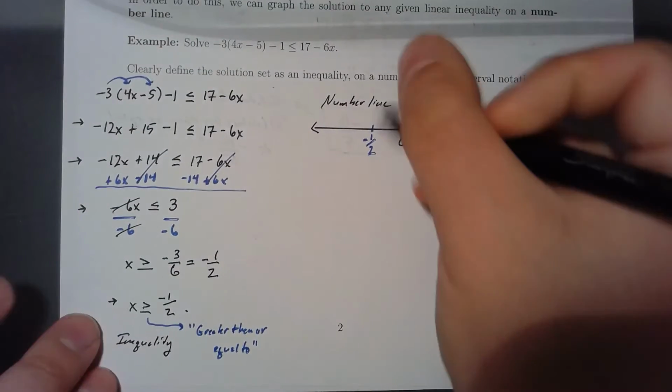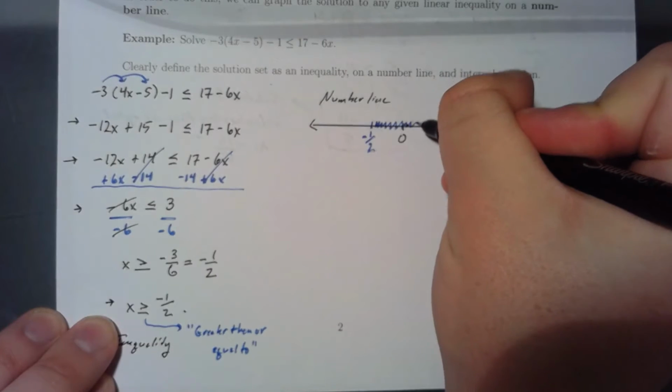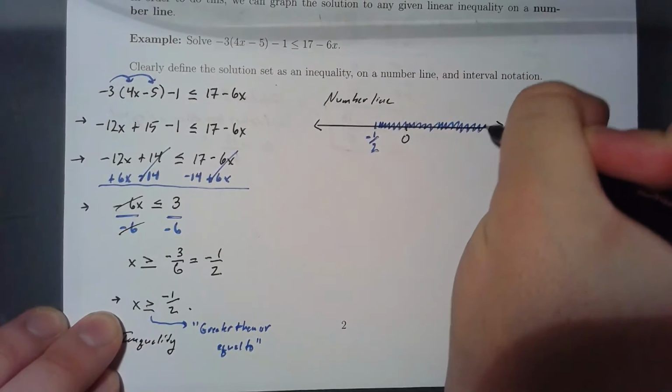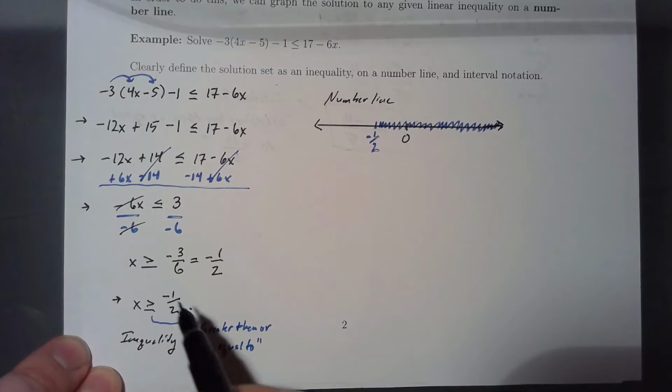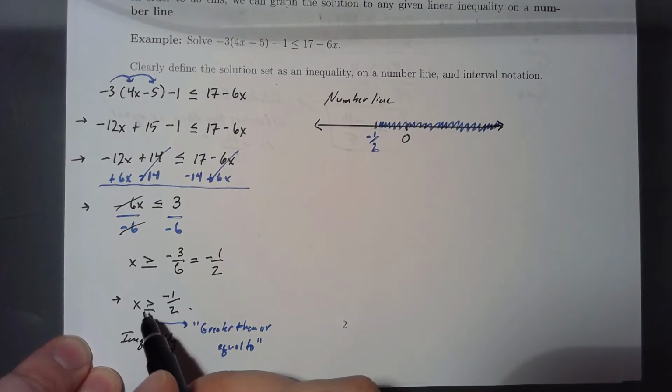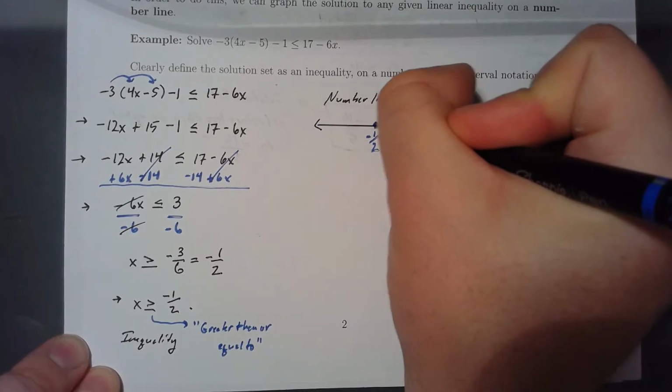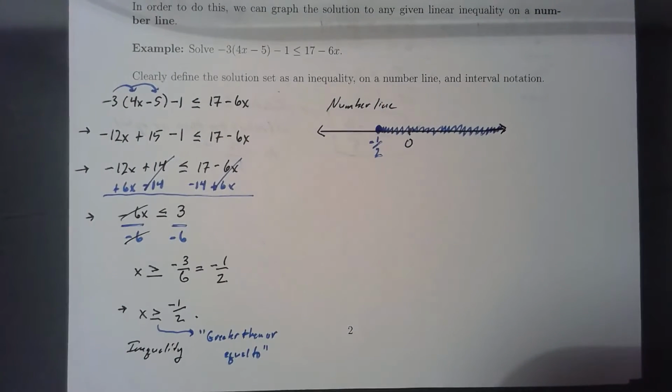Everything to the right of that is going to be part of the solution set. Now what about negative half itself? Do I include it in the solution set? I do, because this is an equal to symbol. So there's going to be a solid dot at negative 1/2.